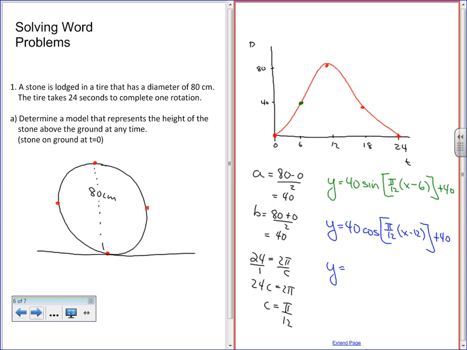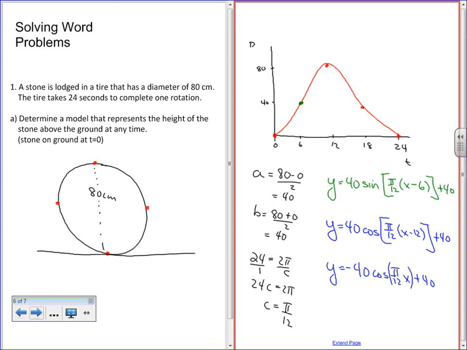So this right here is the cosine curve flipped over. So I could have used that. All three of these equations represent that graph. They're all correct. On the test, I'm not going to say which one to use. You give me whichever one you find easier.